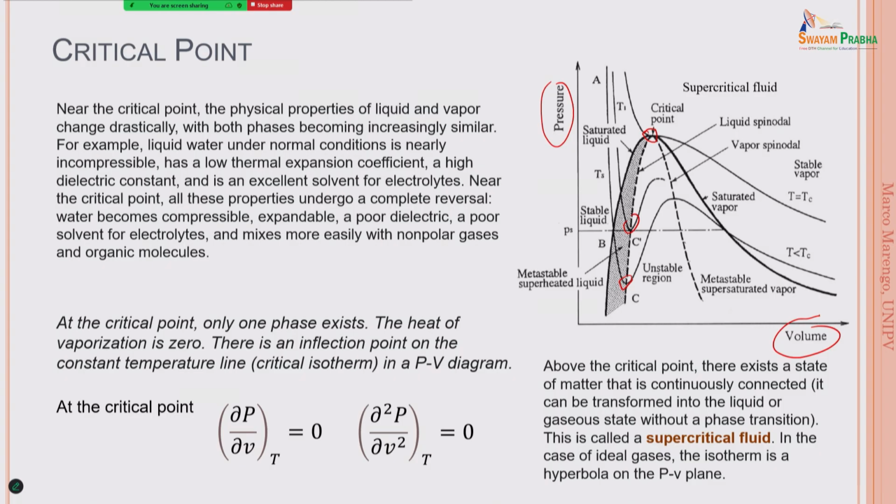This is important to say. At the critical point, many variables are changing, even very close to the critical point, because this is really a kind of singularity in the phase change diagram. So, for example, the water becomes compressible, expandable, and so on.